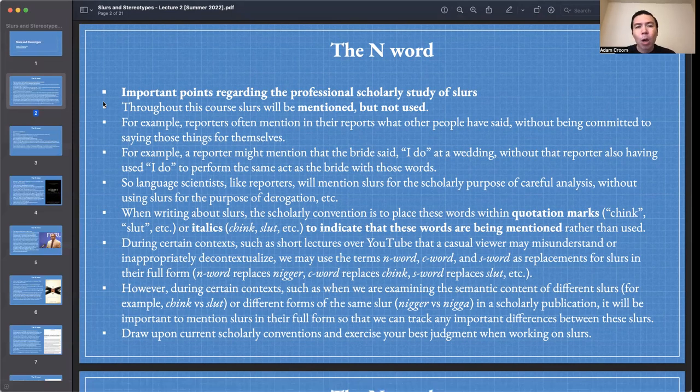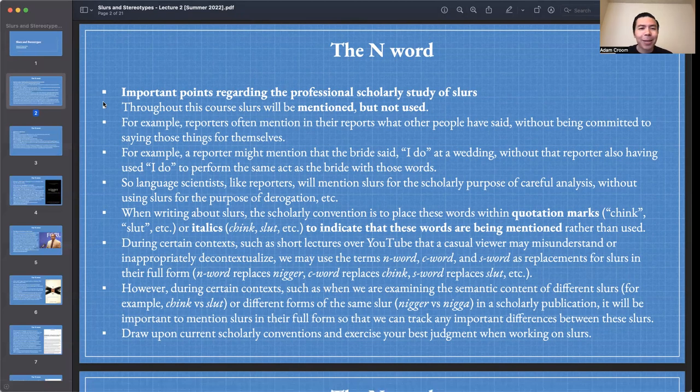So, for example, reporters often mention in their reports what other people have said without being committed to saying those things for themselves. For example, a reporter might mention that a bride said, "I do," without that reporter also being committed to saying, "I do."